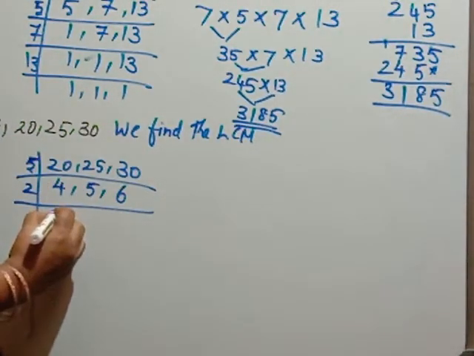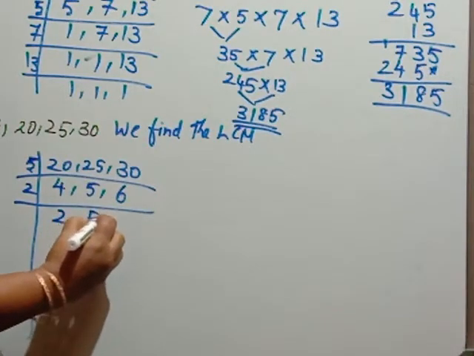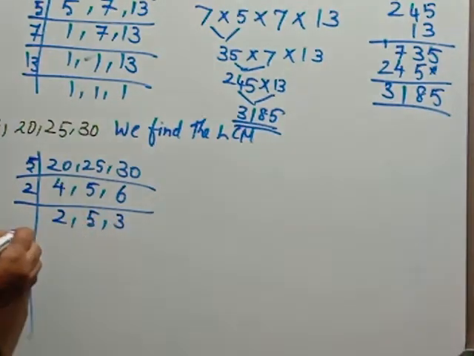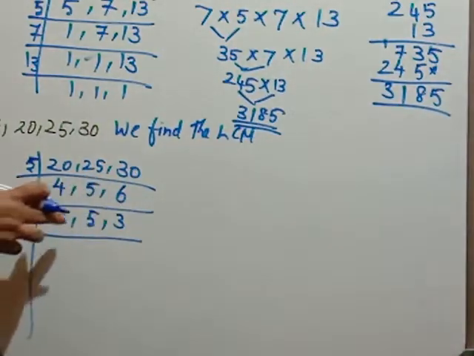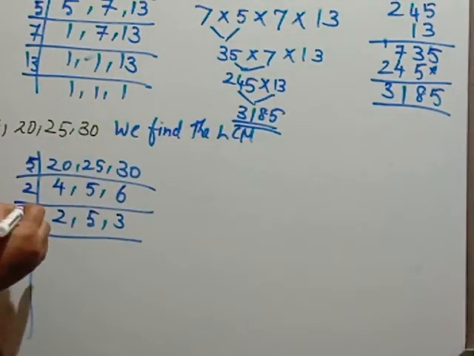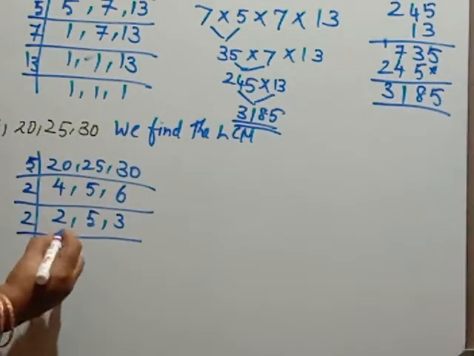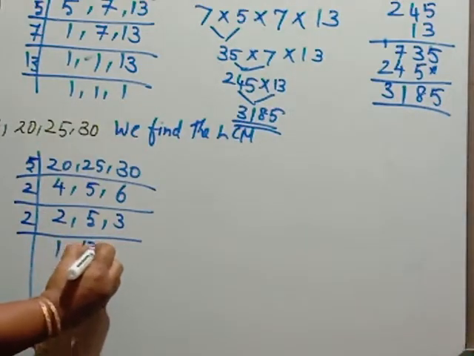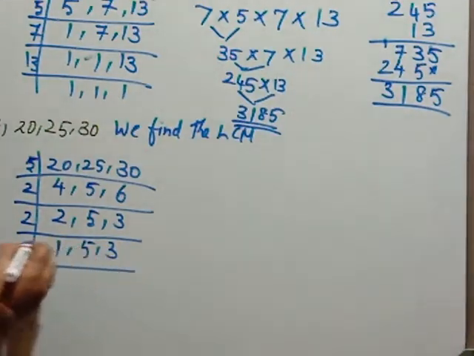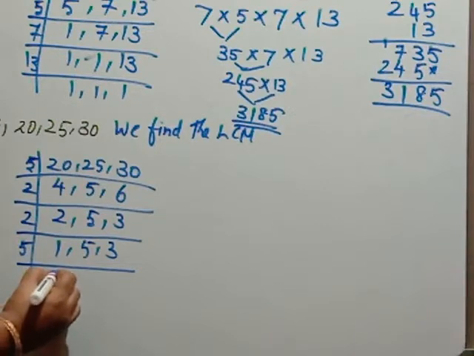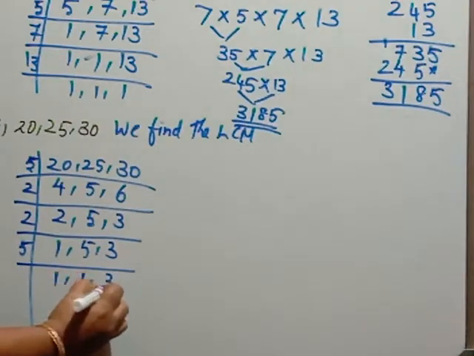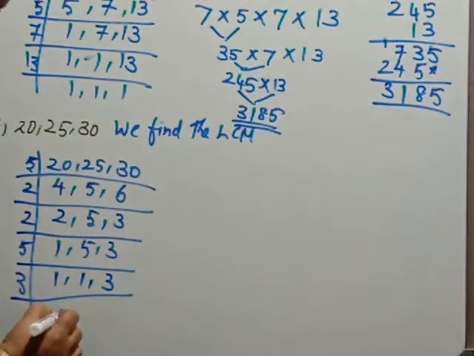So I'll take 2. 2 2s are 4, bring 5 as it is, 3 2s are 6. Now you see 2, 5, 3 are all prime numbers only, so we cannot get any common divisor. So we have to divide one by one with the help of these numbers only. I'll take 5 now, 1, 3. Now I take 3, 1, 1, 1.